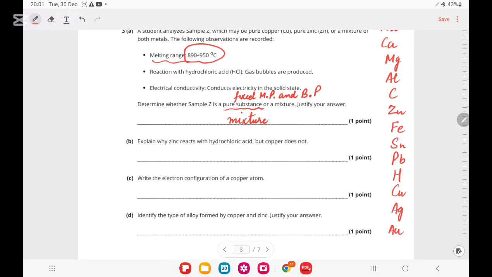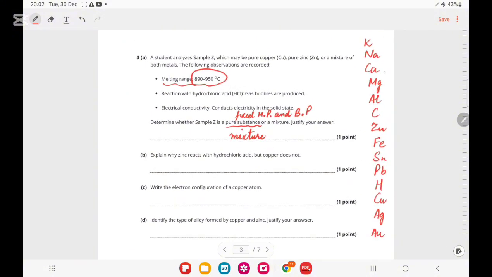Why does zinc react with HCl but copper does not? The reason is that you can see this is the reactivity series I have written on the right hand side. The elements above hydrogen can react with acid.